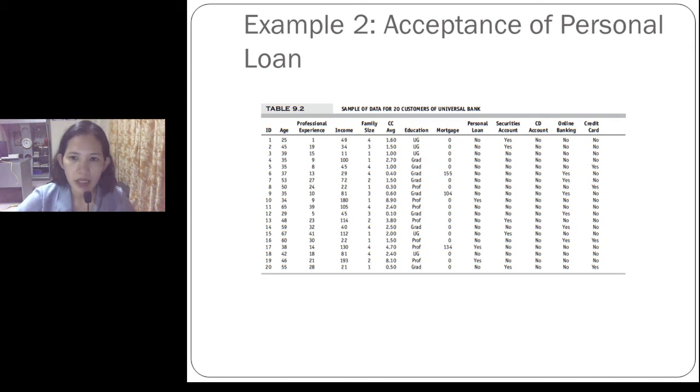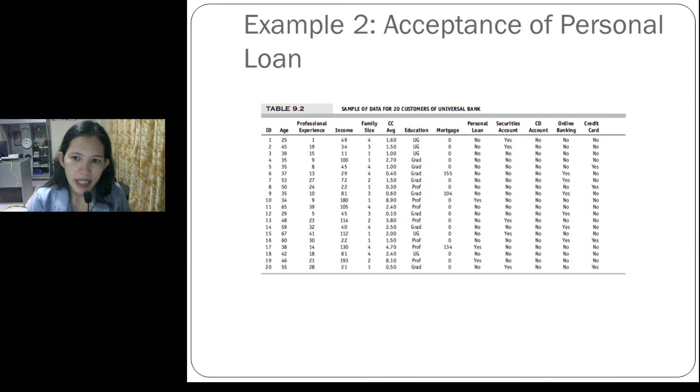In particular, it wants to explore ways of converting its liability or deposit customers to personal loan customers. A campaign the bank ran for liability customers showed a healthy conversion rate of over 9% successes. This has encouraged the retail marketing department to devise smarter campaigns with better target marketing.